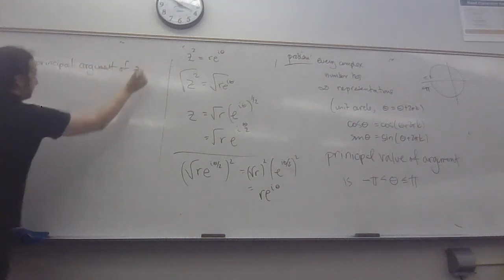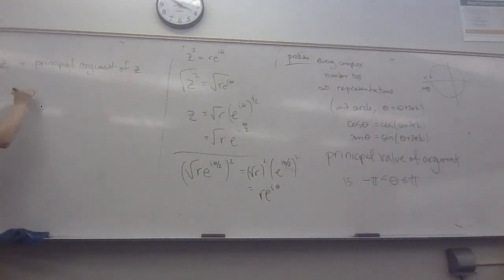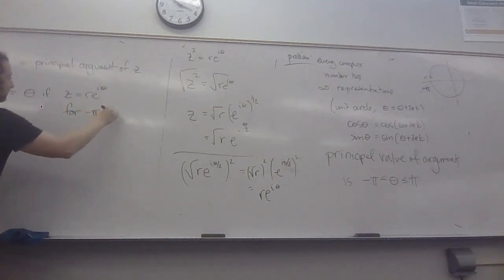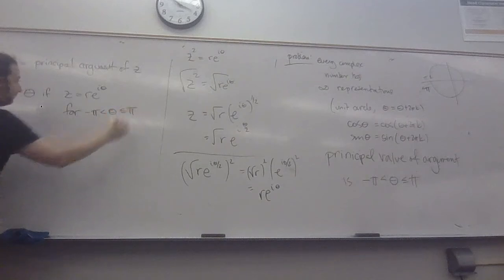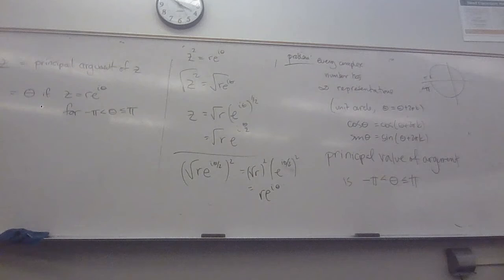And it's equal to the theta if z is equal to r e to the i theta, where minus pi is less than theta less than or equal to pi. Once I make that restriction, every point has a unique representation. Now you might say, well, it's arbitrary. Why not use different angle ranges? And the answer is I could. I could choose any range of 2 pi radians I wanted.